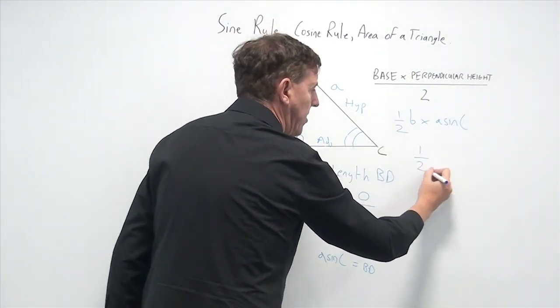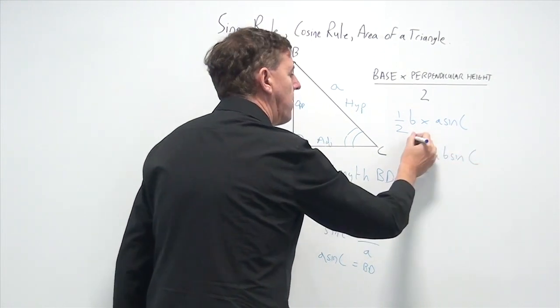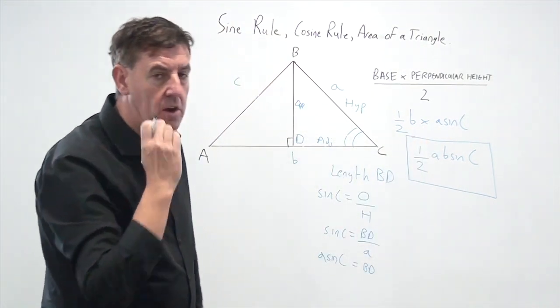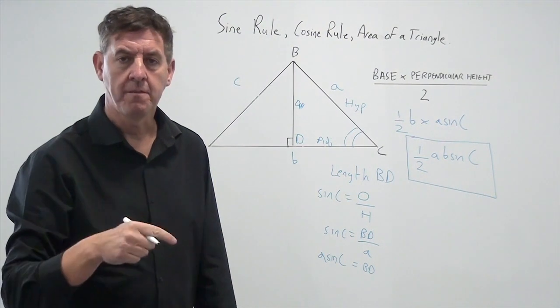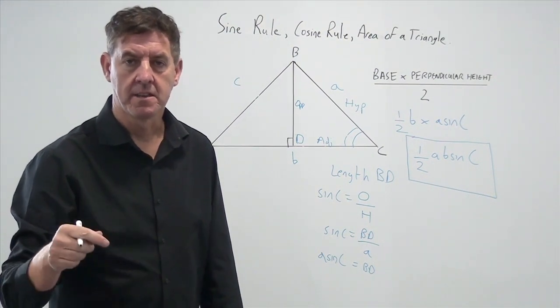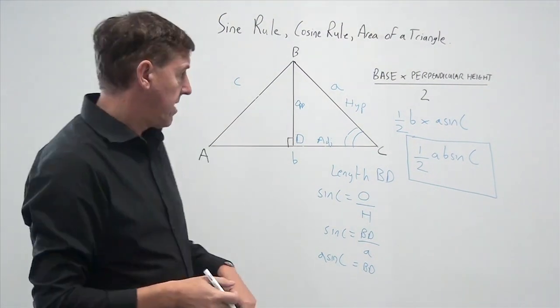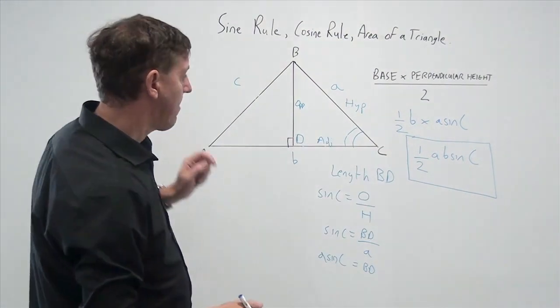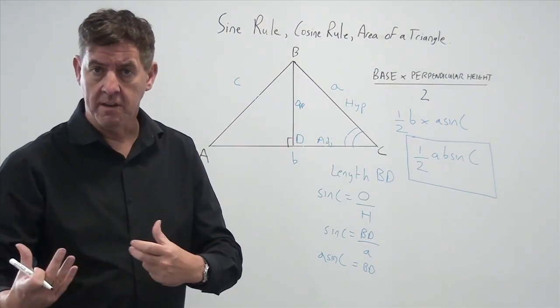So, tidy that up a little bit, just tidy the letters, put it in different formats. We have there a formula to calculate the area of a triangle when you haven't got the perpendicular height. Half AB sine C. Not only could it be half AB sine C, if we did it from this triangle, or we switched the letters round, you would have different formulas, but just using different letters.